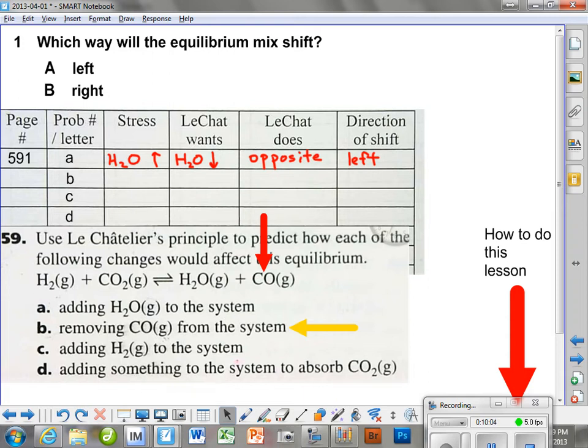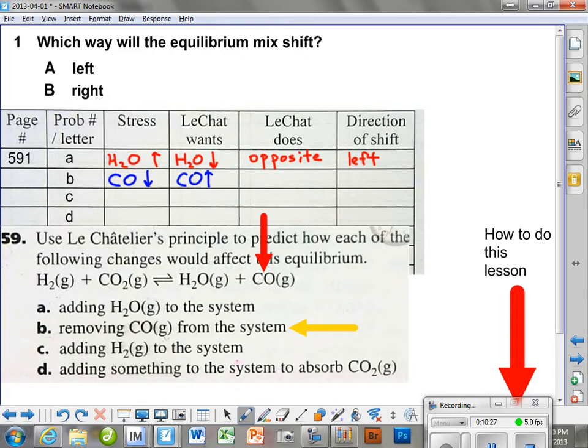And so for carbon monoxide, the stressor is CO that we put up here, and we are removing. Removing means that it actually decreases. So Le Chat, like any naughty teenager, will try to make it go up. That's what he wants to do.